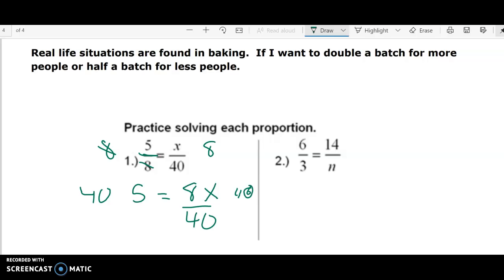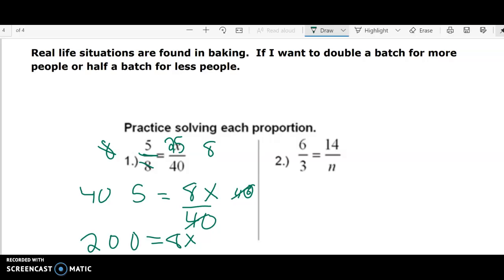And those would factor out. And I get 40 times 5 is 200 equals 8x. And divide 200 by 8. And I get 25.